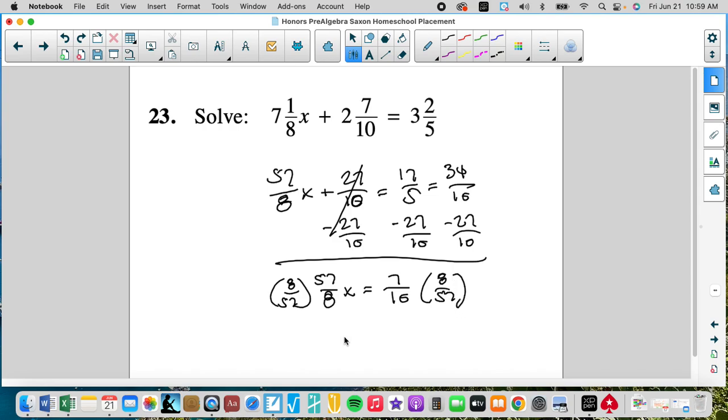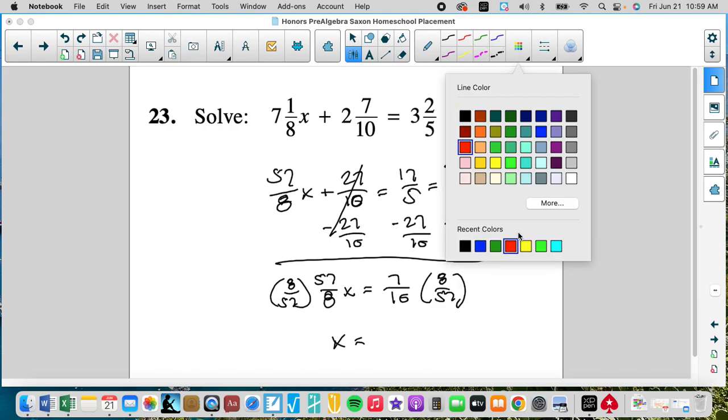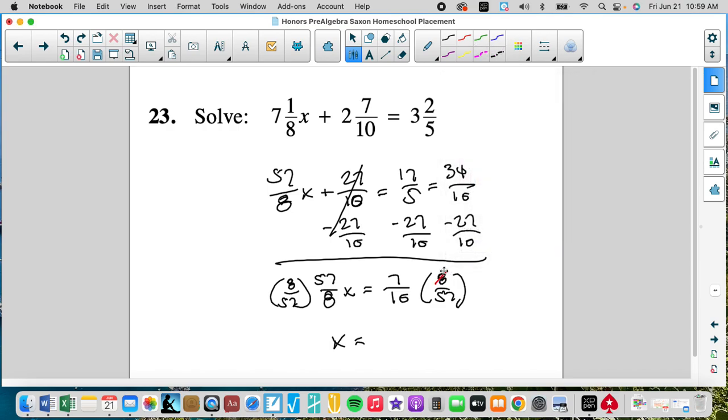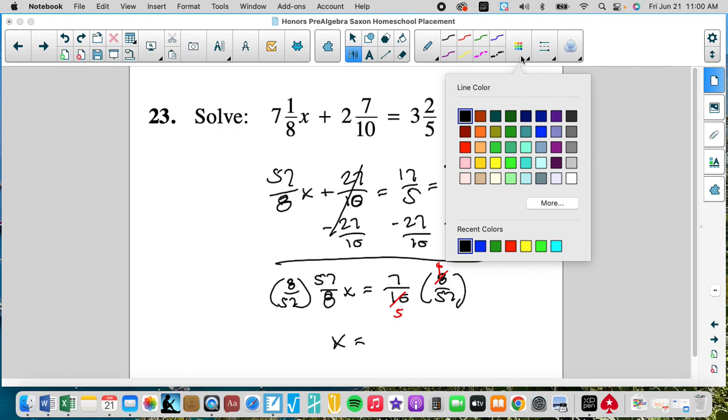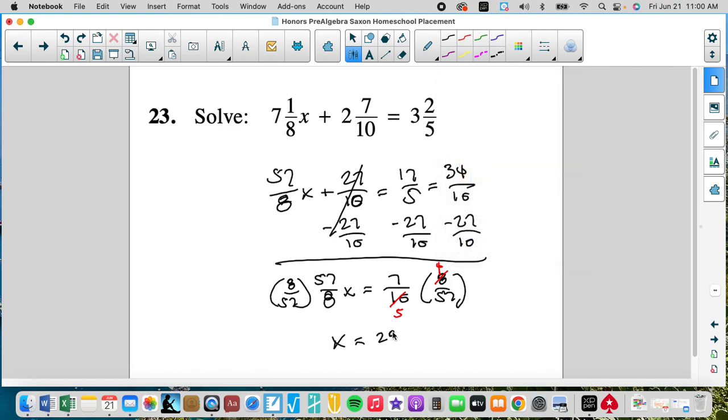8/57. And you get x equals, well, this cancels. 2 goes into 8 4 times, 2 goes into 10 5 times, 7 times 4 is 28, and 5 times 57, 35, 285.